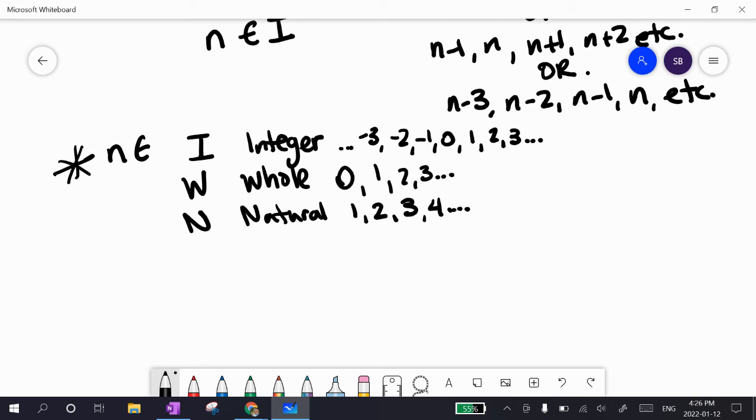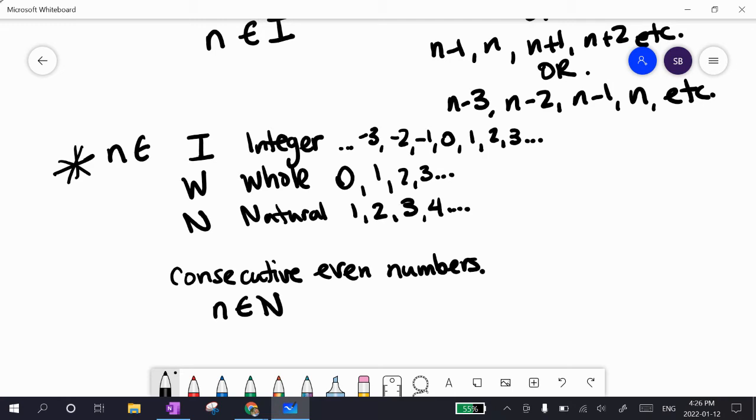Okay. If we define it as consecutive even numbers, then n is a part of the natural numbers.